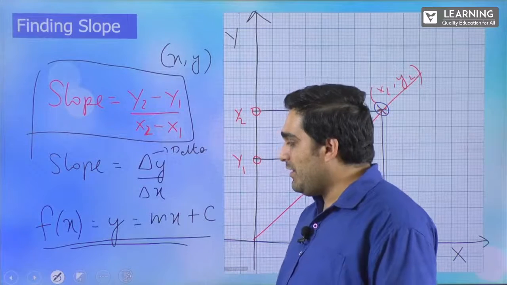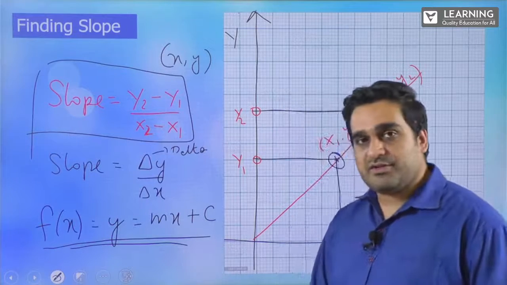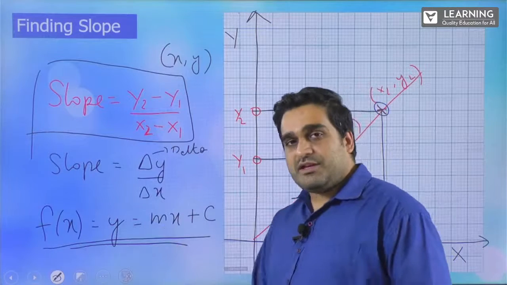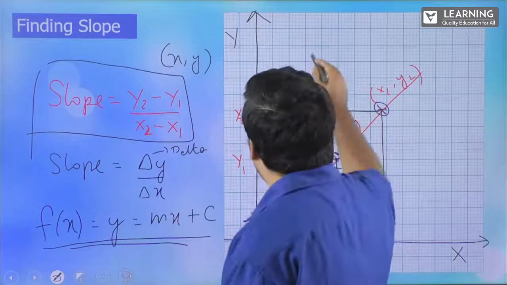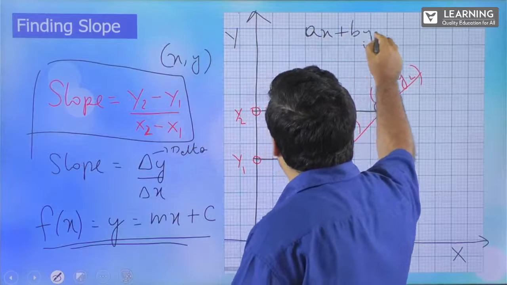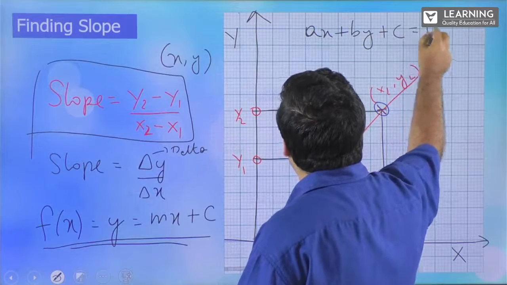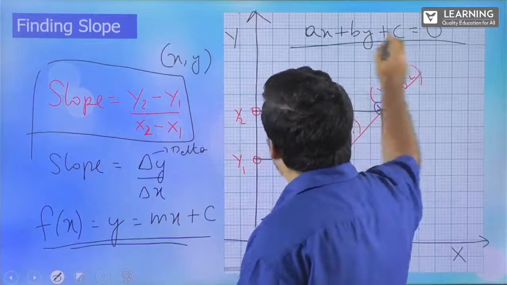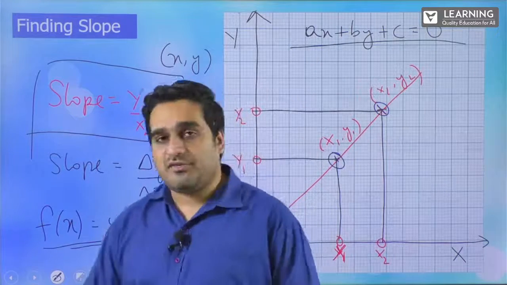So go ahead, make a note of this equation of a straight line. Maybe in your textbooks you would have studied it as ax plus by plus c equals 0. This is also the equation of a straight line.